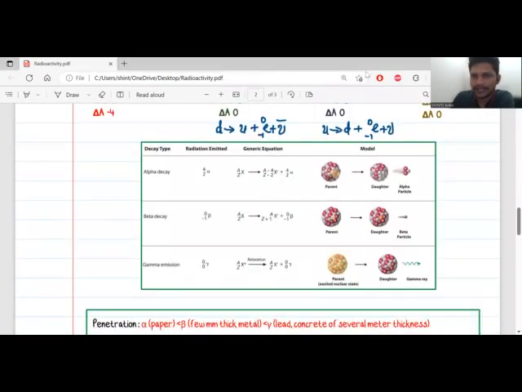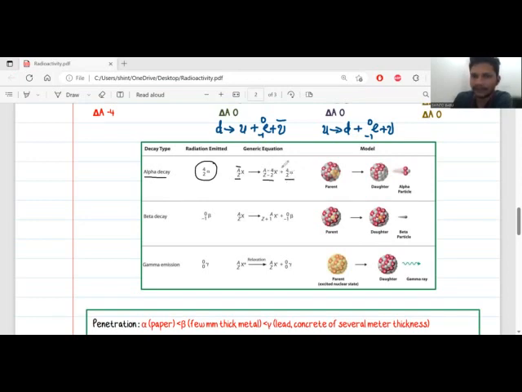To summarize these nuclear reactions, you have this table. You have alpha decay. The particle that is emitted is a helium nucleus having 2 positive charge, atomic number 2, mass number 4. Now, in general, if you write your parent nuclei to be X, A, Z, Z being atomic number, A being mass number, your daughter nuclei will have Z minus 2 atomic number and A minus 4 mass number.